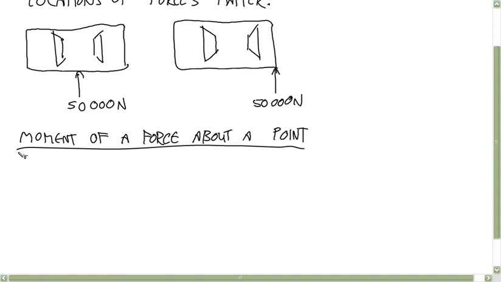And normally when you talk about this topic, engineer slang for this is moment, right? You talk about a moment or a torque. But I want you to really beat into your head, not literally, but figuratively, that whenever you hear the word moment or torque, you're talking about the moment of a force about a point, okay?